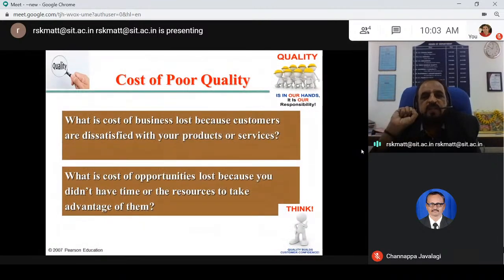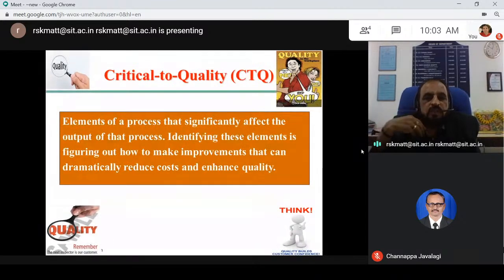What is the cost of the business lost because of customer dissatisfaction with products and services? What is the cost of opportunity lost because we do not have time to supply? So these opportunity costs contribute to the quality issue, and we call them CTQs, critical to quality.